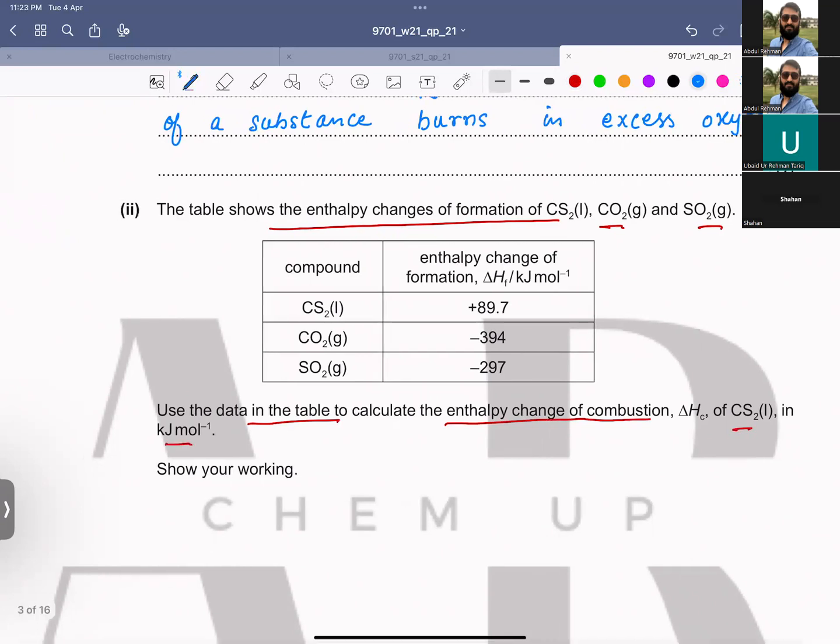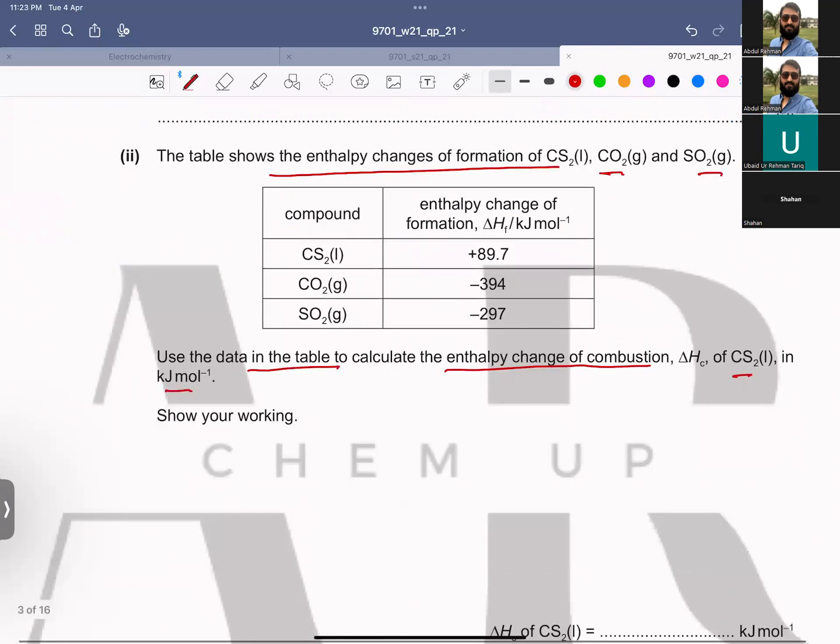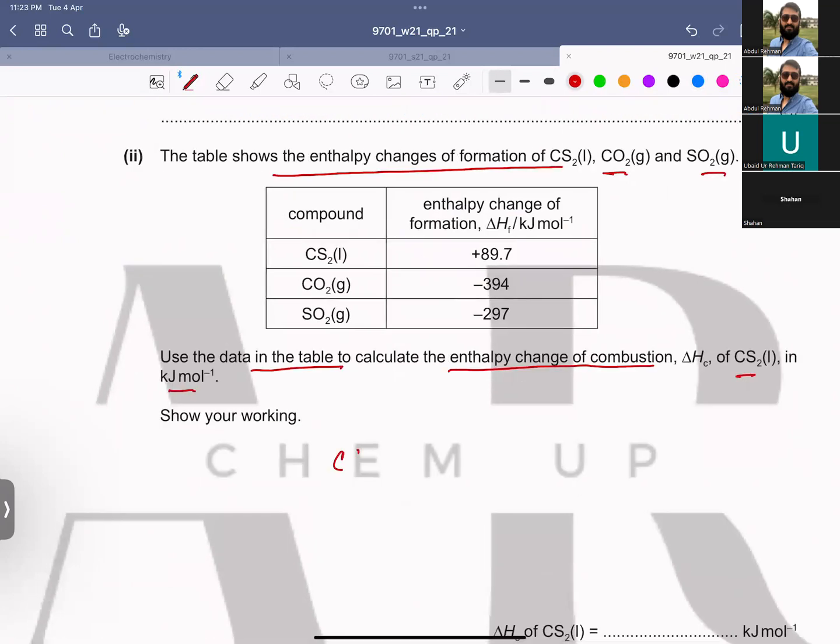So the combustion is CS2 plus oxygen forming carbon dioxide and 2 moles of sulfur dioxide. If I balance the equation, why did I put 2? Because there are 2 sulfur over here. So here I will write 3.